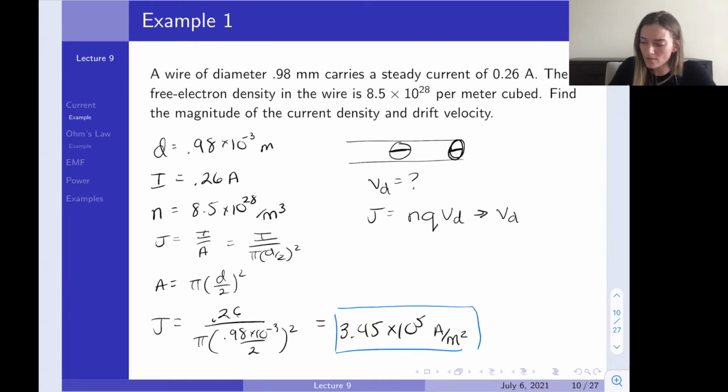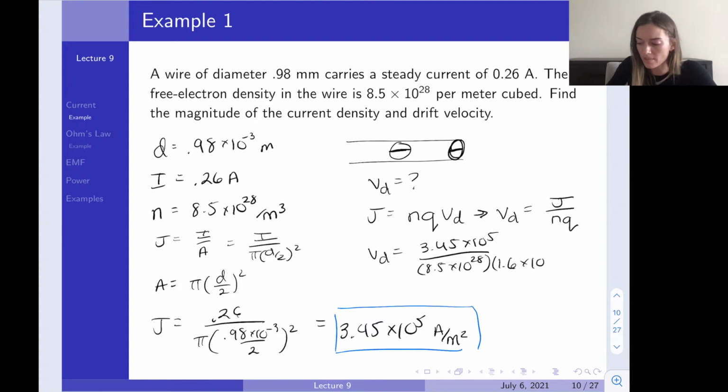So v_d will just be equal to J over N q. So v_d is equal to J, which was 3.45 times 10 to the 5, over N, which was 8.5 times 10 to the 28, and then q is going to be just the magnitude of an electron charge. So that will just be 1.6 times 10 to the negative 19. So this comes out to, let me just rearrange this a little bit.